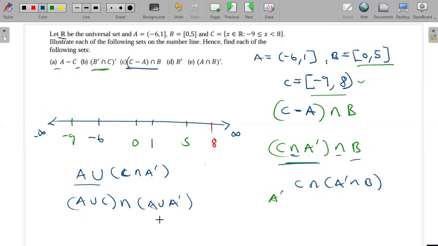This A union A complement is just the universal set, and anything you intersect with a universal set is that actual set. So you'd remain with A union C.